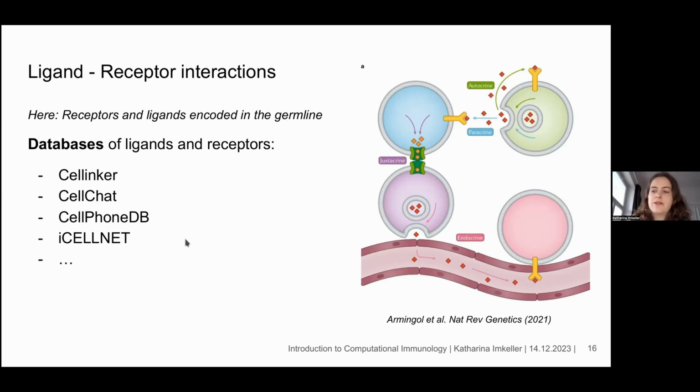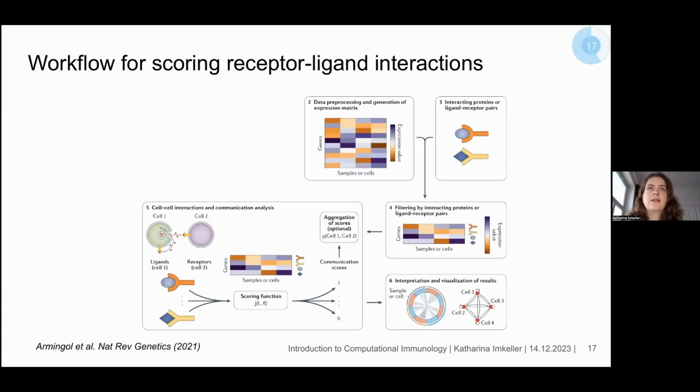We will later in the third part of the talk also have receptors that are not encoded in the germline. So these databases listed here can be utilized in workflows where you score the receptor-ligand interactions. A typical workflow for scoring receptor-ligand interactions starts from an expression matrix.